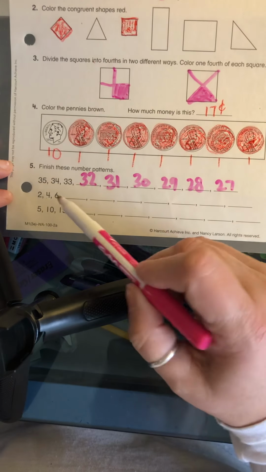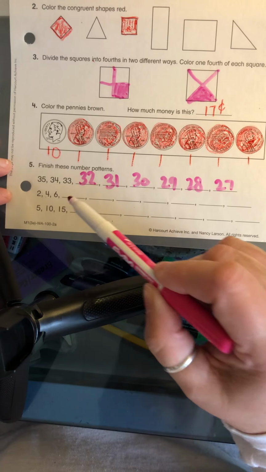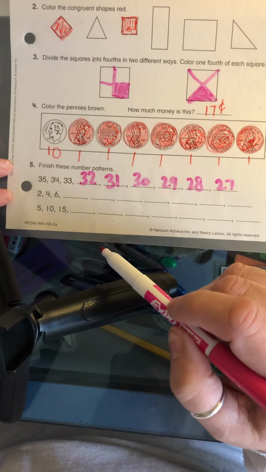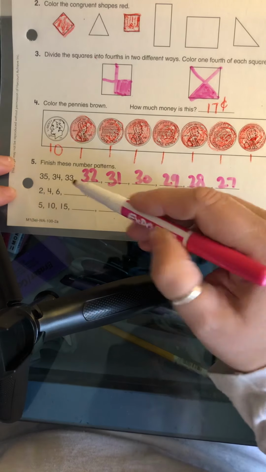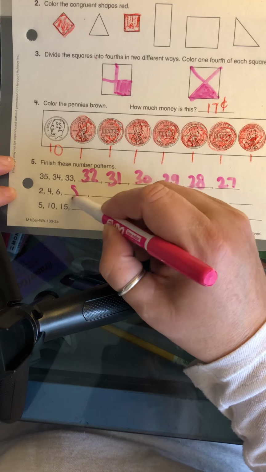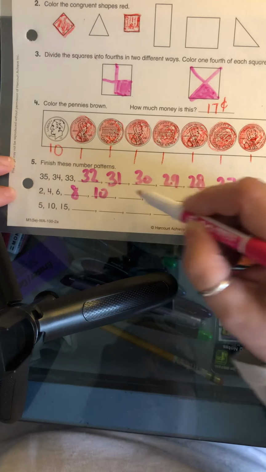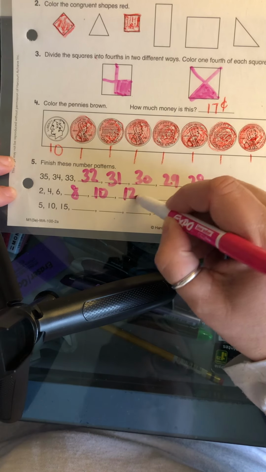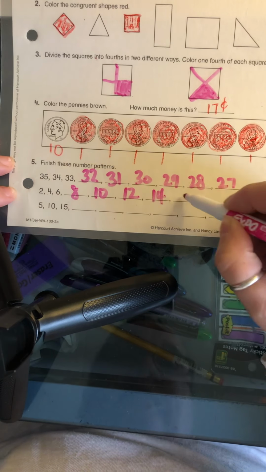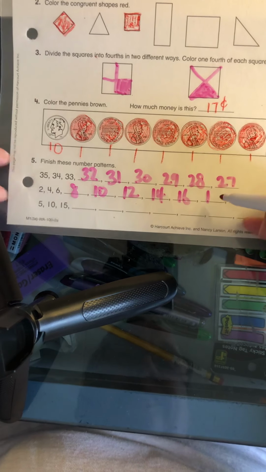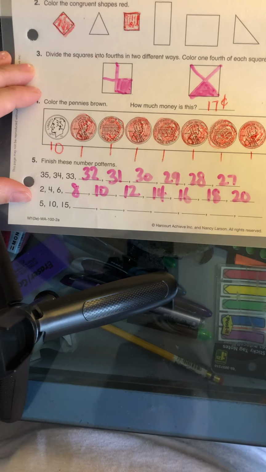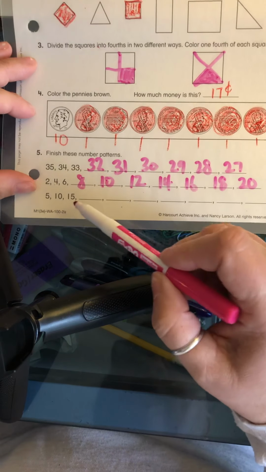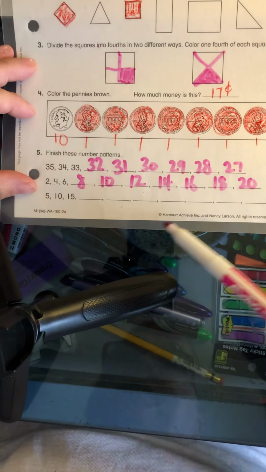Now, let's count for this one. 2, 4, 6. That sounds like skip counting. Let's see if we can continue that on. Continue that pattern. So 2, 4, 6, 8, 10, 12, 14, 16. I don't want to get messy. 18 and 20.